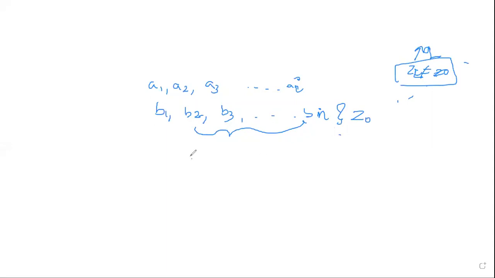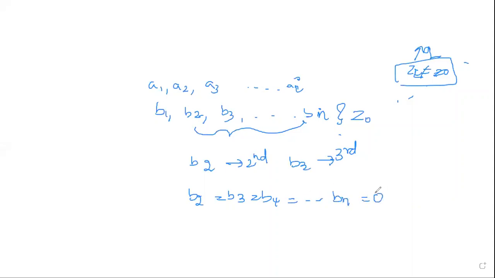Therefore, the reflected waves, B2 into the junction from the second line, B3 into the junction from the third line, and similarly it will go on until the nth line. So since it is perfect matching, B2, B3, B4 until your nth value is equal to 0. Because all the lines are terminated with Z0, this will have a perfect matching.